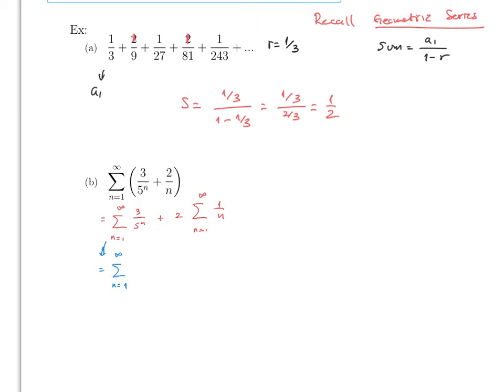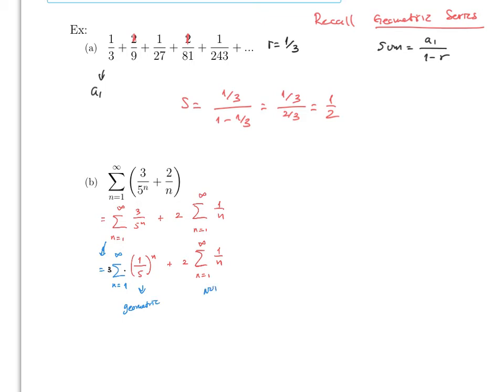You can put the 3 in front, and then this will be (1/5) the whole thing to the n, and then it will be 2 times the sum from n equals 1 to infinity of 1/n. You can see that this is geometric.